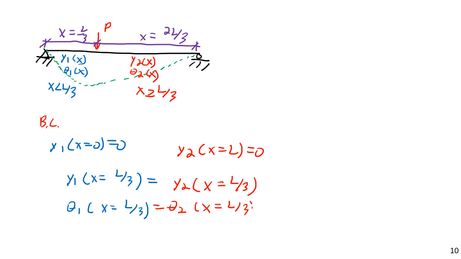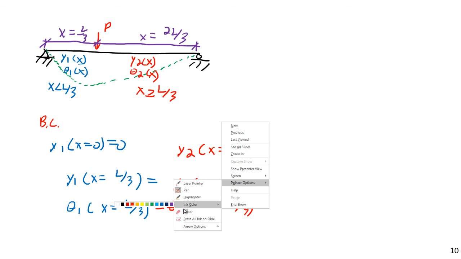In other words, it's the same beam, it is continuous, so as long as it's a physical system, the slopes and the vertical deflections must match up at the meeting point.